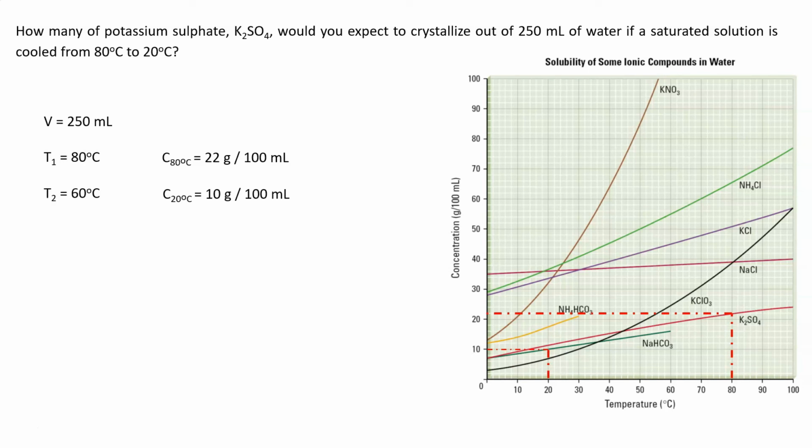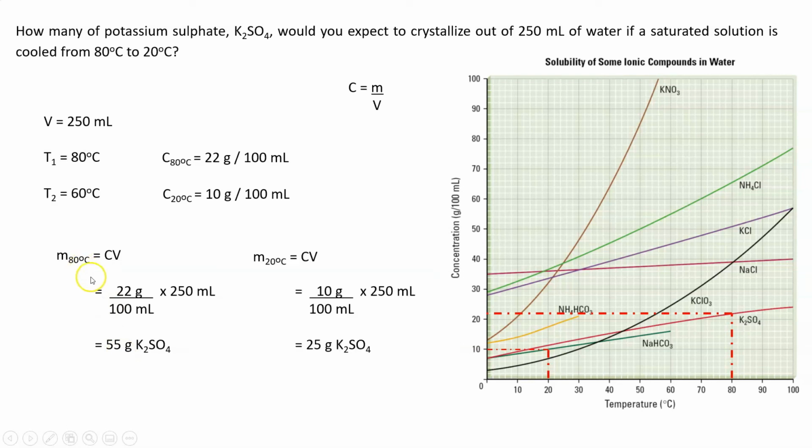Okay, and then after that, I could determine the mass of potassium sulfate in each of these solutions, right? So my mass at 80 degrees Celsius would be equal to the concentration times the volume. So my 250 mils of water has 55 grams of potassium sulfate at 80 degrees Celsius.